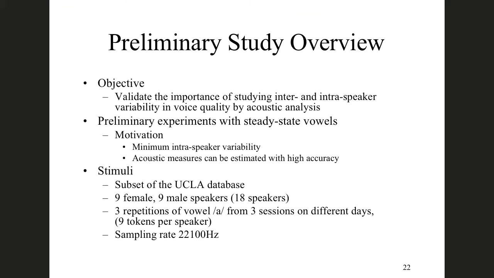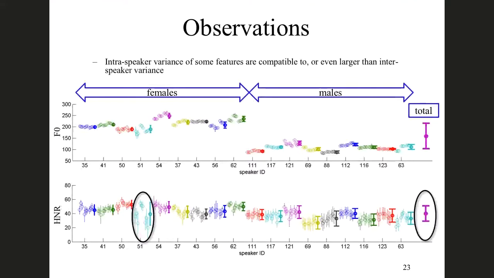But if you look at the different styles, that's not necessarily the case. Some speakers sound more like other speakers when they're speaking in a different style. So it was really interesting to look at that. This is just one example of some of our observations. The x-axis is the speaker number, speaker ID, and there are females and males.